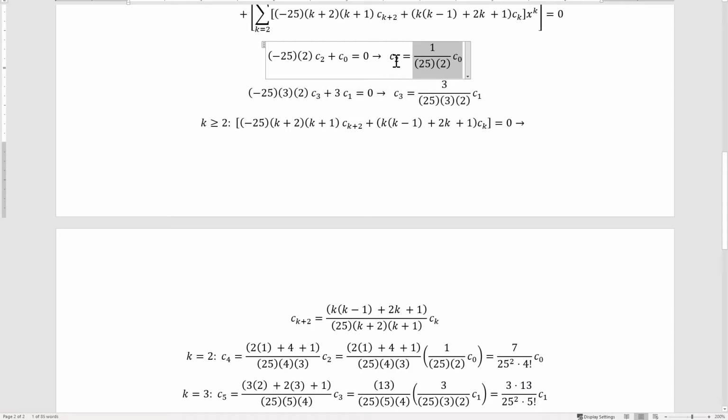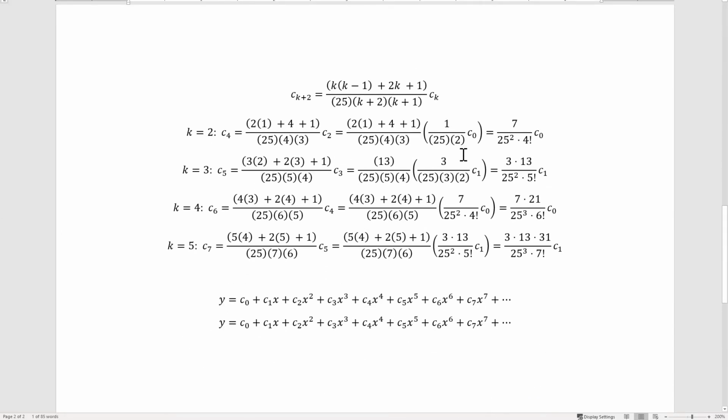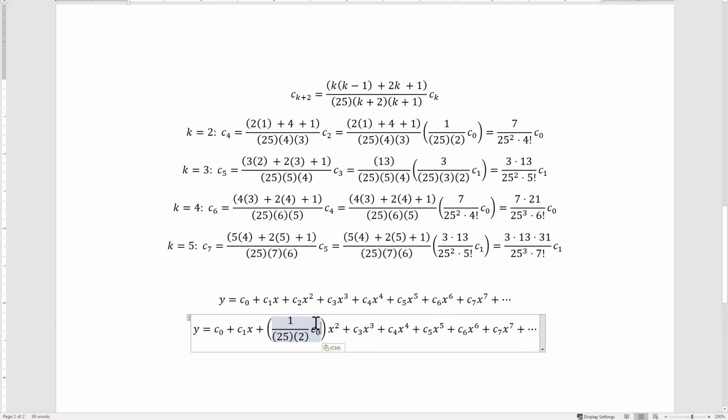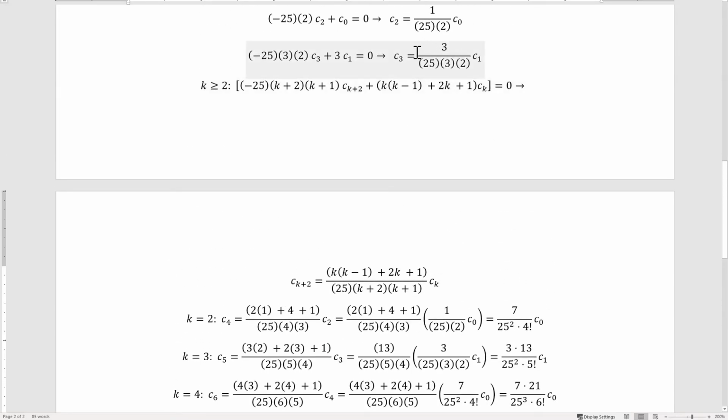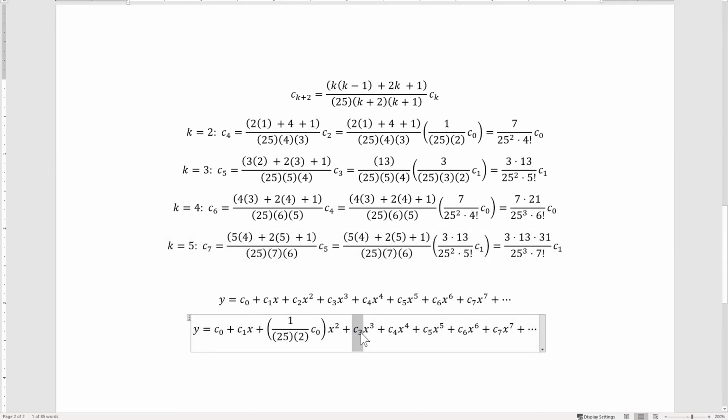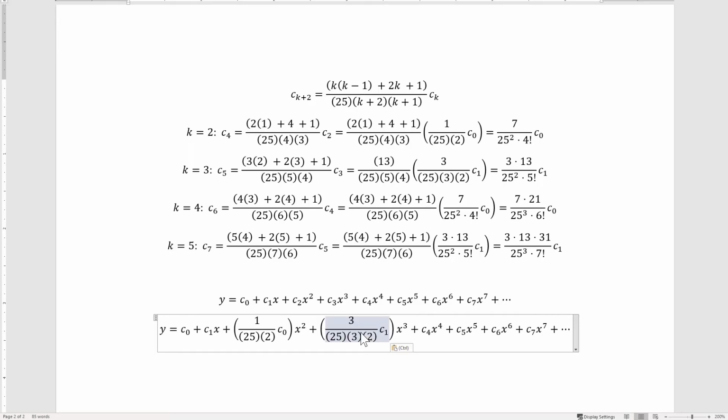We start off our values with C sub 2. So C sub 2 gets replaced with this expression. C sub 3 is still up here. C sub 3 is this expression here. So we can replace C sub 3 with that expression.